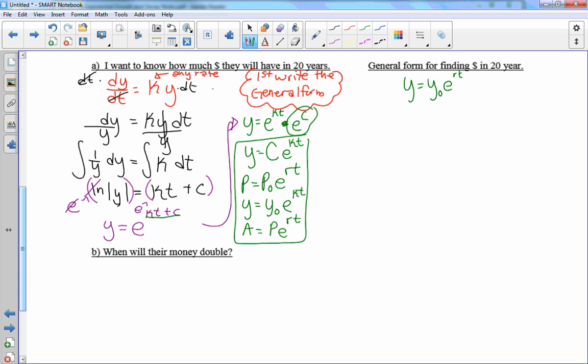Okay. What do we know that we can plug in for this problem? We know the time. t is time, right? And then we know the initial investment. We're going to have to do it for each person.